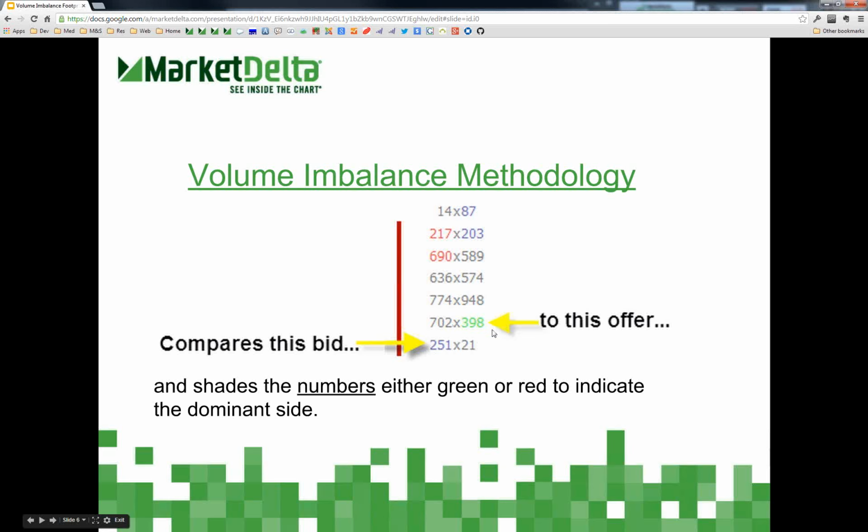And then what we do is we shade the numbers, either green or red, to indicate the dominant side. That's what the algorithm's doing. It's trying to identify these important imbalances and give you a cue. So clearly you don't see imbalances at every price. It's looking for them and then signals when these imbalances are achieved.